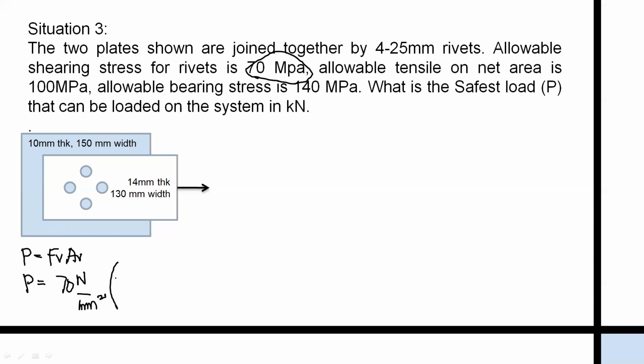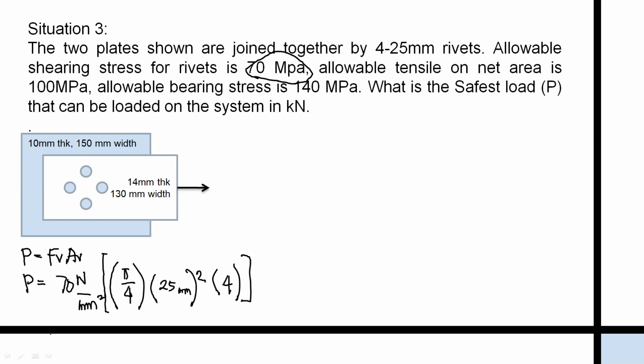And our area of bolts and rivets: the area of one bolt is pi over 4 multiplied by the diameter of the bolt, which is 25 millimeter, squared. And we have one, two, three, four rivets.